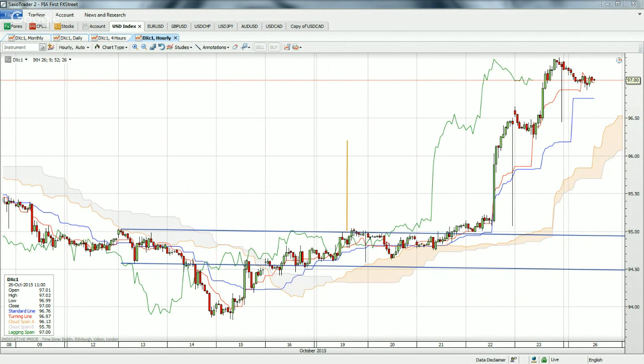And I think that's a very important factor when you look at analysing and especially forecasting your projected targets.